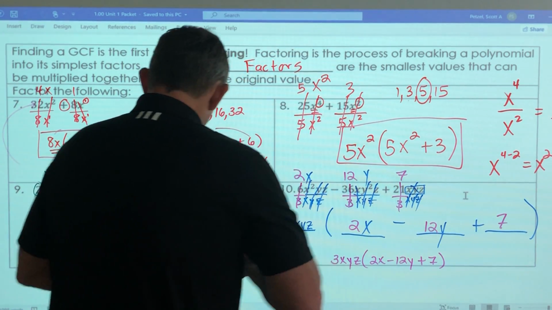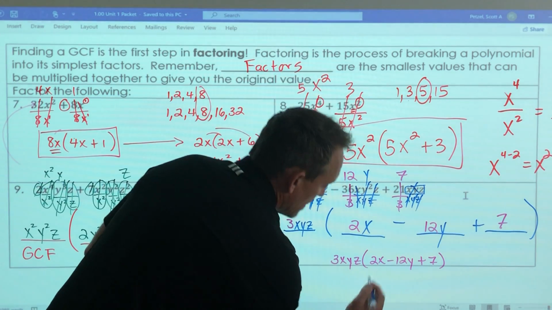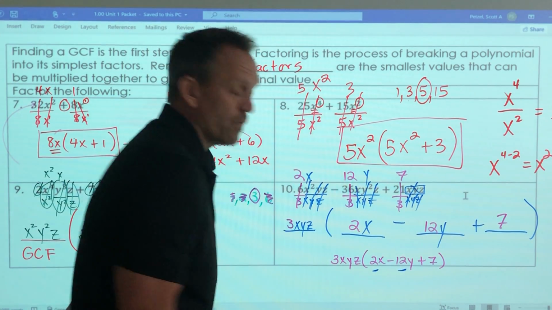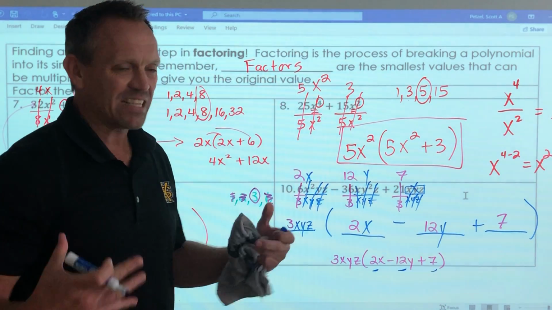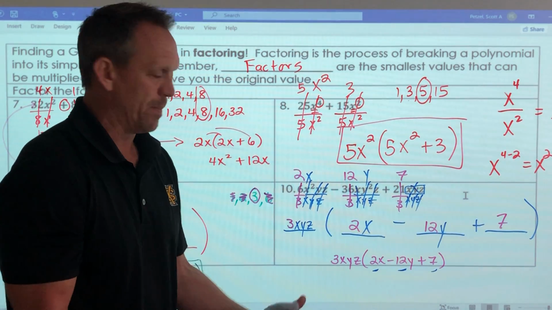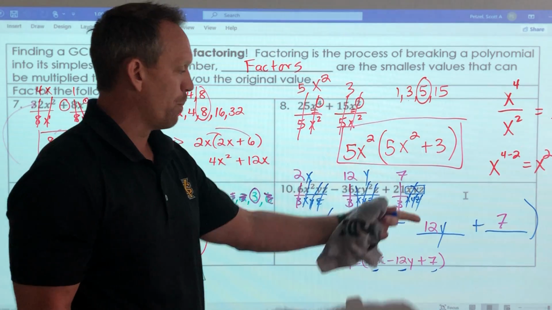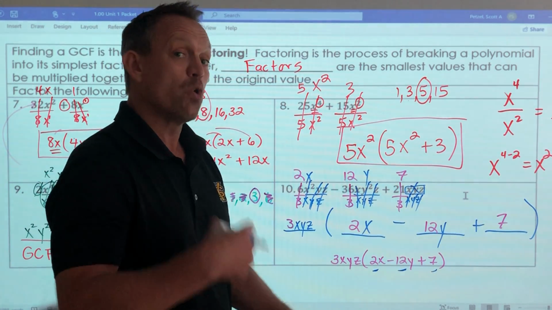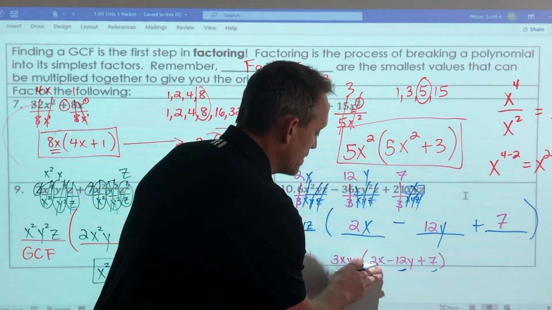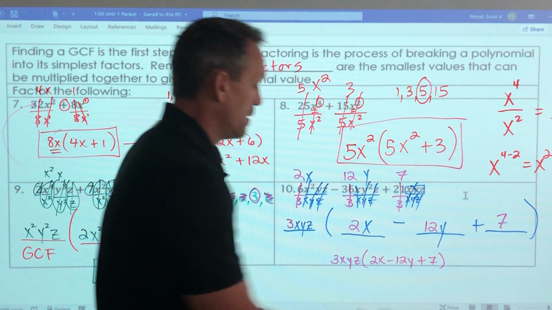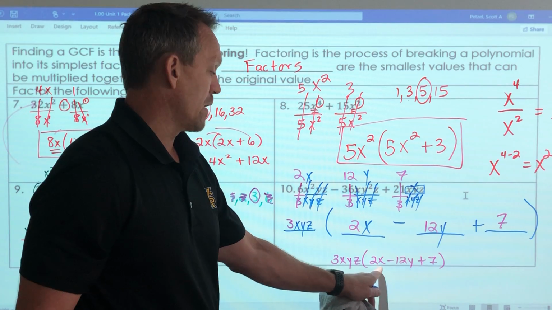Now, let's make sure we're on the same page. This 2 and this 12 have something in common, but not with the 7. It has to be in common with all of them, the entirety of the whole piece. So since there's no common factor amongst all of them, this is uncommon with all three pieces. What's left?